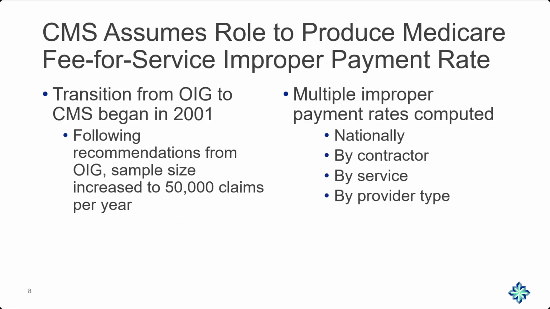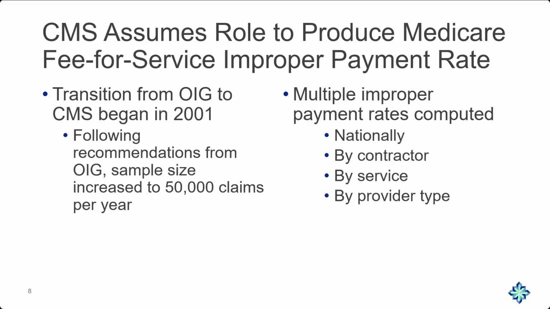This slide expands a bit on that transition when OIG was no longer responsible for that improper payment measurement. Now, CMS actually assumed this responsibility in 2002, but that transition from OIG to CMS started back in 2001, at which time CMS followed recommendations from the OIG.